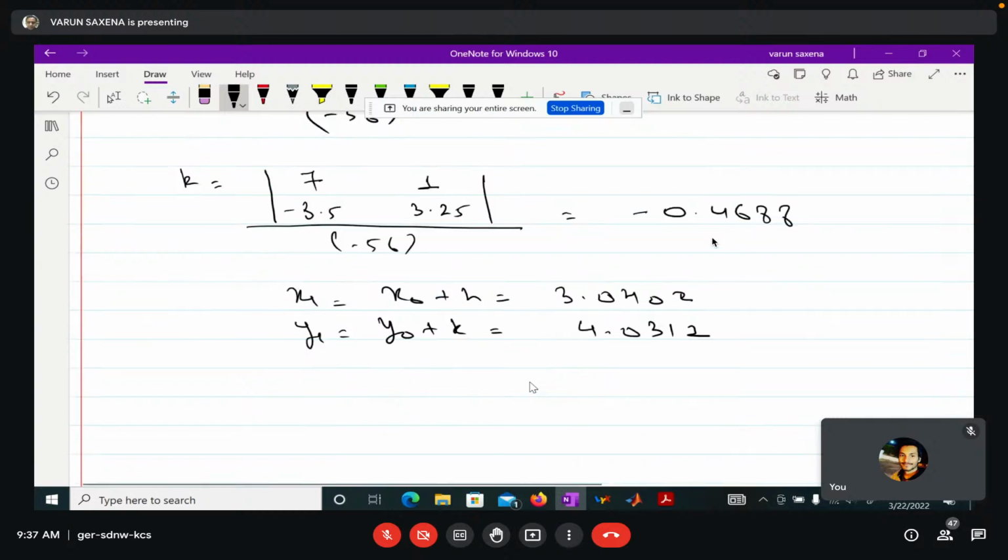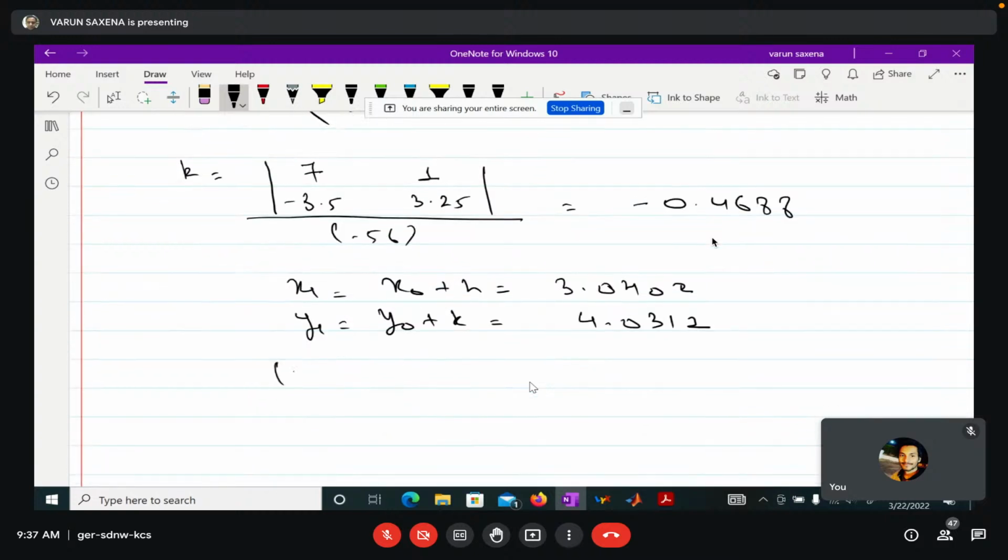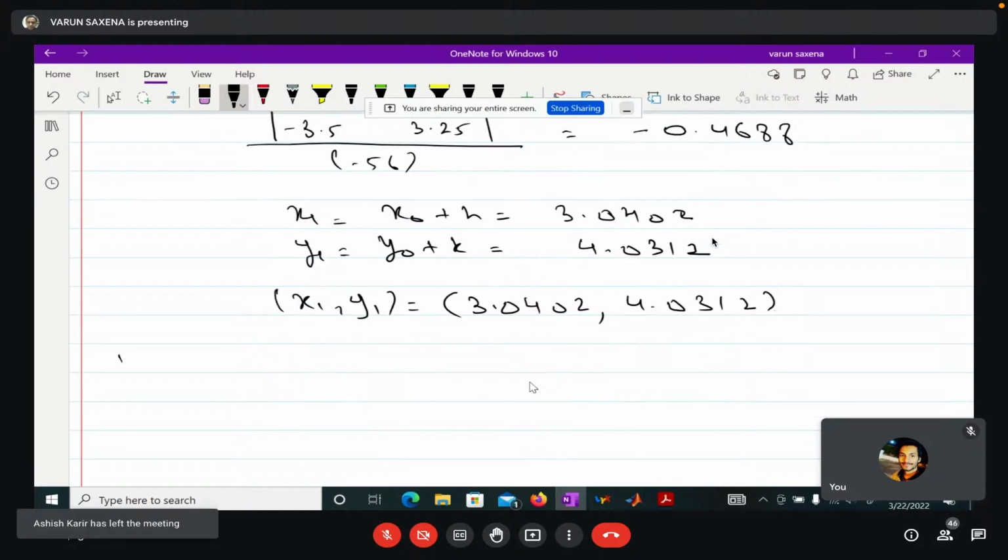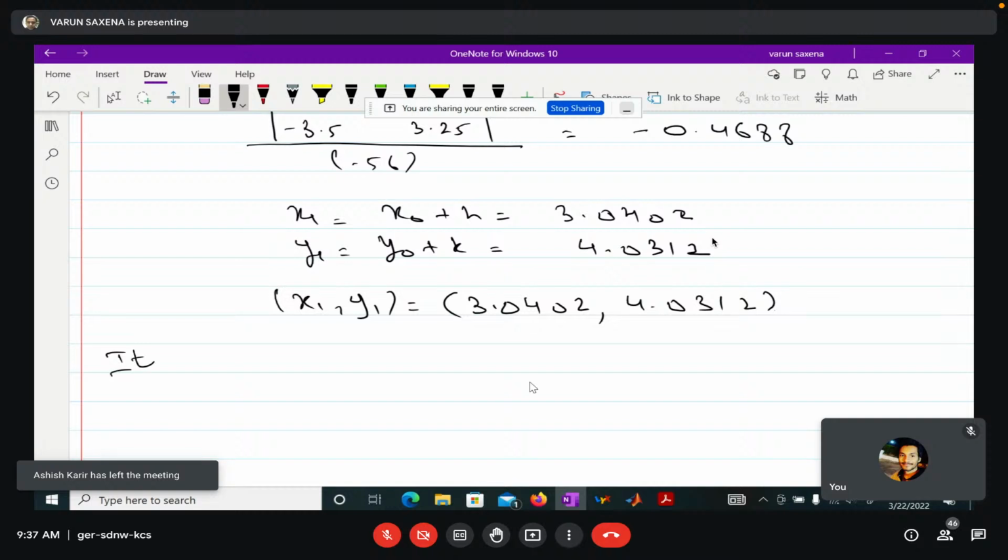So now you get x1, y1 as 3.042, 4.0312. So this is now your next approximation. Now you will start with x1 and y1 and move to the next approximation.